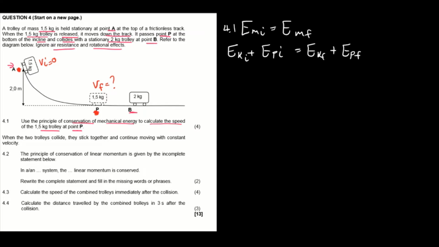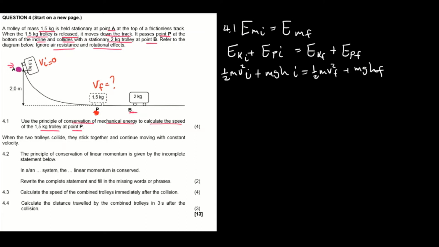So what is the initial kinetic energy? It's 1 over 2 mv squared initial plus mgh initial equals 1 over 2 mv squared final plus mgh final. If we take a look at this trolley here, at the highest point, it is said to be stationary.